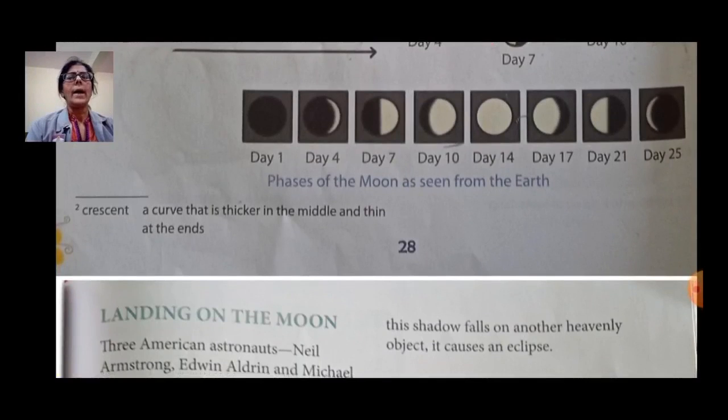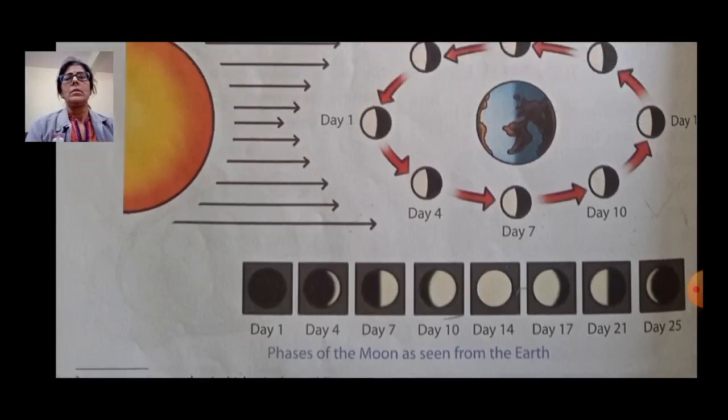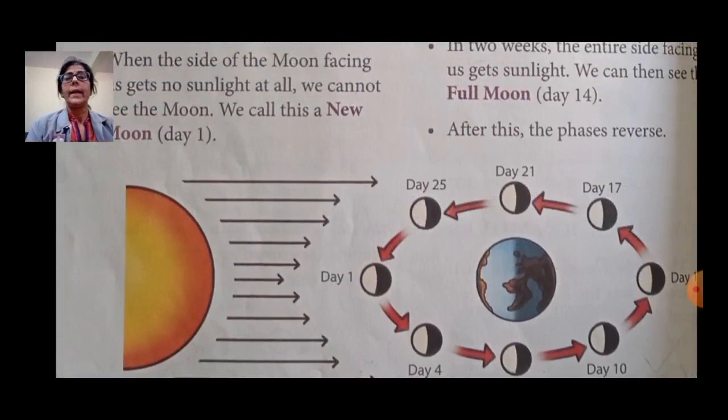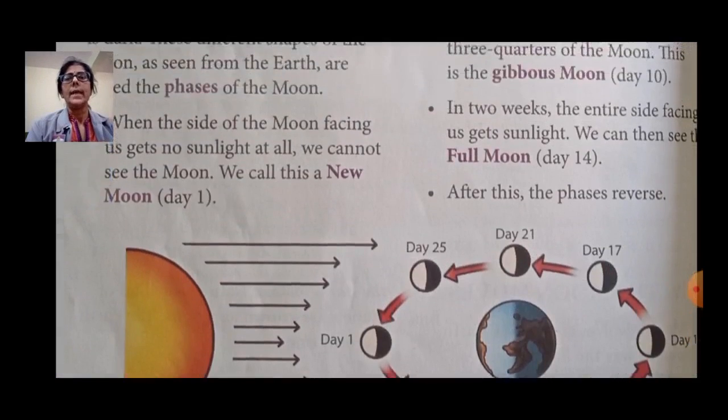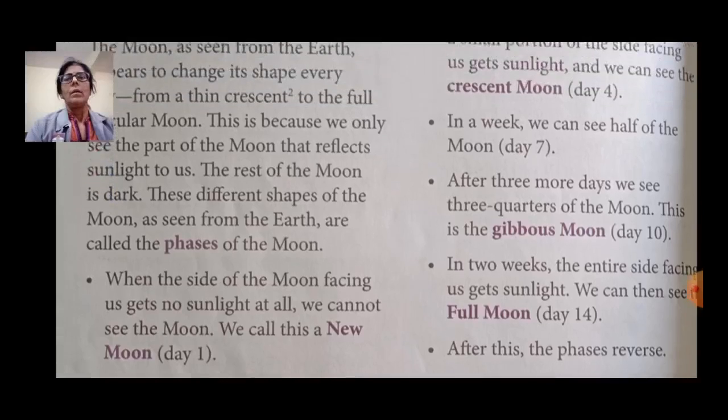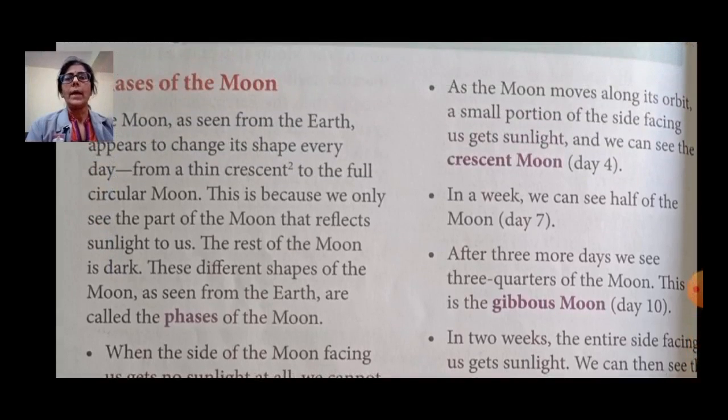A curve that is thicker in the middle and thin at the ends, like the moon of the second day. बीच में थिकर पार्ट होता है और एंड के दोनों साइड में it's very thin, that is known as a crescent.